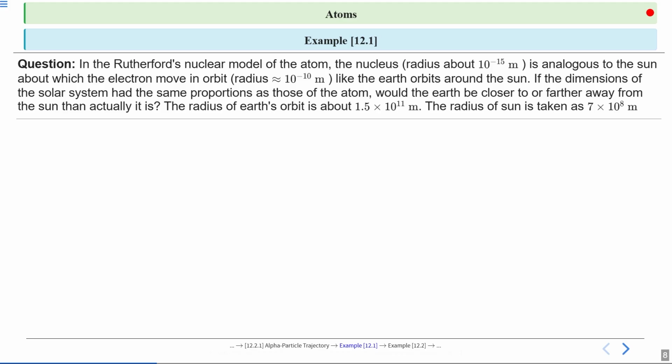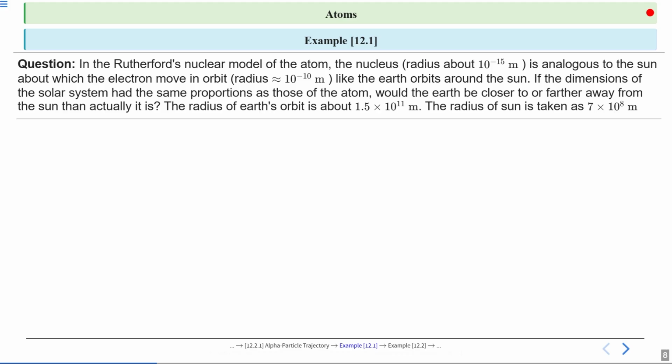If we take the ratio of the orbit of the electron to the size of the nucleus, that ratio will be equal to the ratio of the orbit of the Earth to the size of the sun. Then we have to calculate the radius of Earth's orbit.